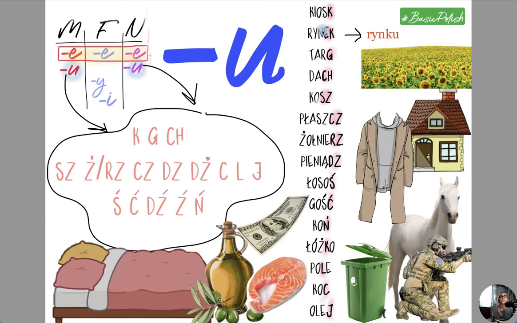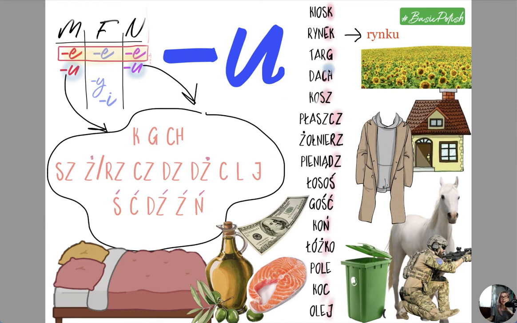That's our version of these words ending in ek: ek becomes ku. Rynek is a main square or a square somewhere in a city or a town. So rynek, rynku. Targ is a market or a marketplace, so targ, targu. Again, u.